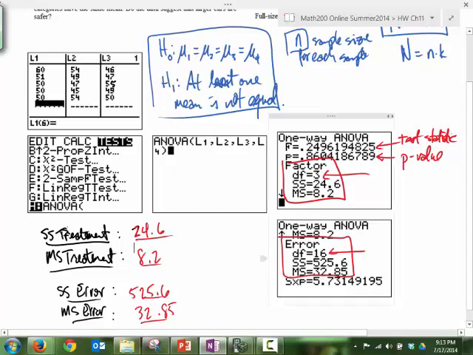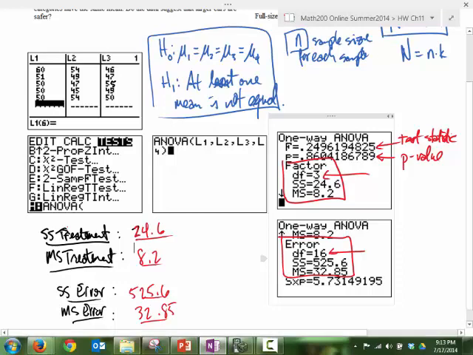And then now there's an Sp, and remember they assumed that the standard deviations were all the same, so this Sp is the pooled standard deviation among all the different samples. It's like taking all the data, all n is equal to, in this case, 5 times 4, there's 20 pieces of data, and then finding the standard deviation of all that.